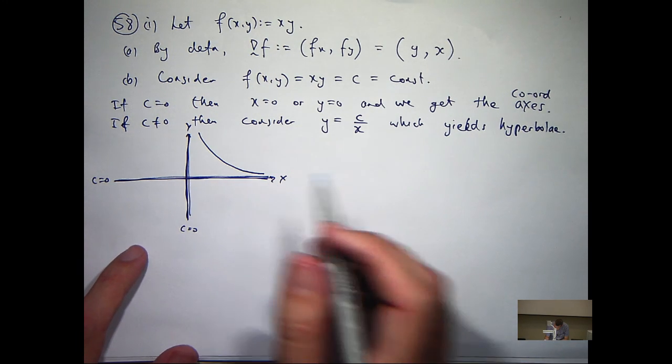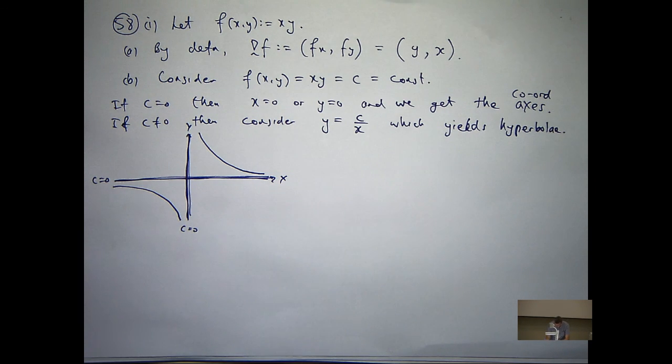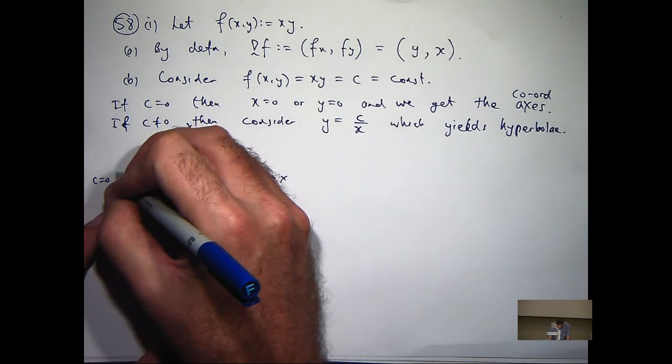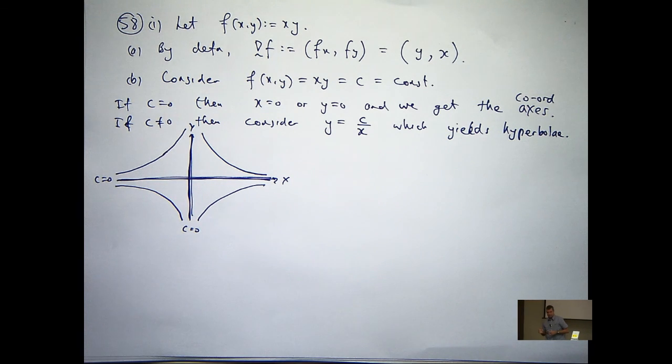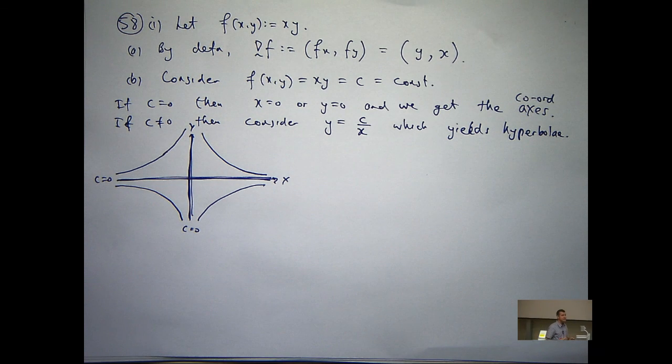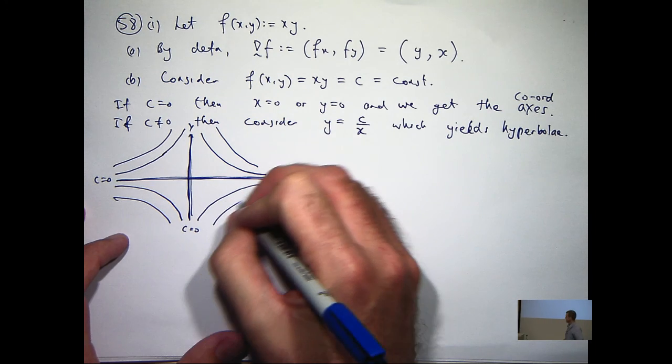Okay, c equals minus 1, we're going to get these kind of curves. So I've drawn in a few of those. You can keep drawing them in if you want to, like this.